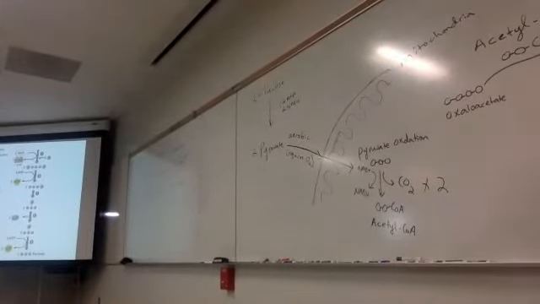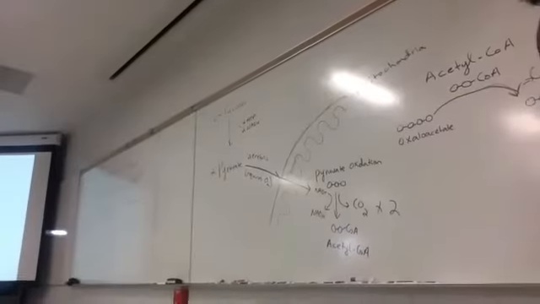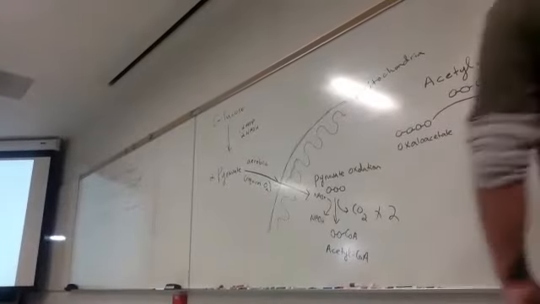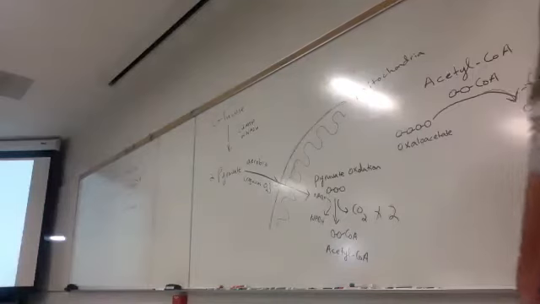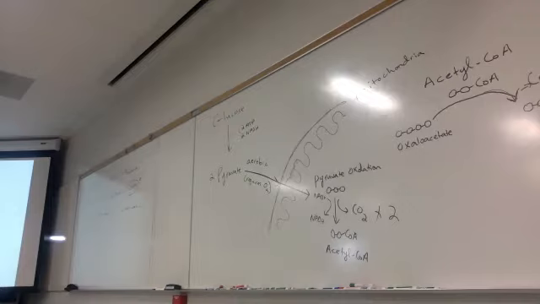All right, so this becomes a 6-carbon molecule, which is citrate, which is also citric acid. So it's the citric acid cycle. This is citric acid or citrate.